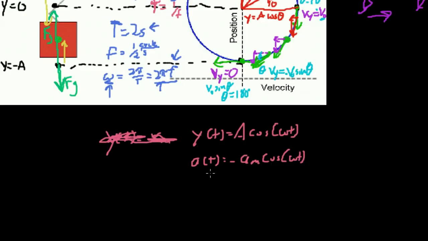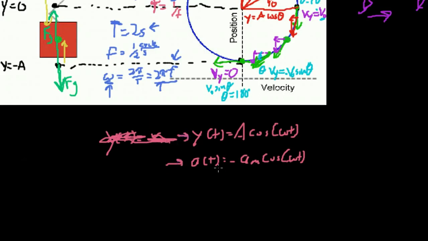If you look at this, there's a couple of things that you'll notice, which is that I have cosine omega t in both cases. The other thing is that hopefully you know by now, and this is one of the few times I'm going to use calculus, but most of you know that this is the second derivative of that.